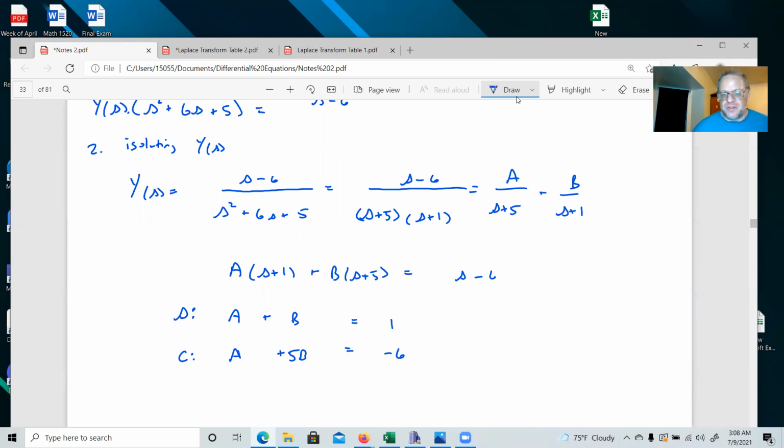Solve this however you please. How about we multiply the first equation by negative 1, so negative A minus B is equal to negative 1, and A plus 5B is equal to negative 6. Those cancel. This is 5 minus 1, so that's 4B is equal to, and then here we have negative 6 minus 1, which is minus 7.